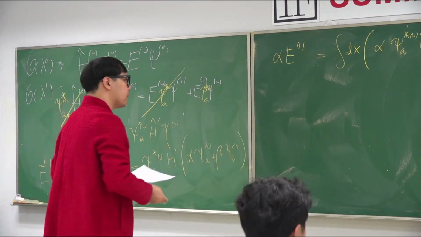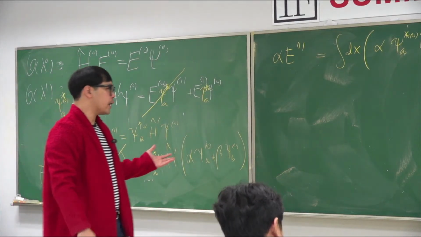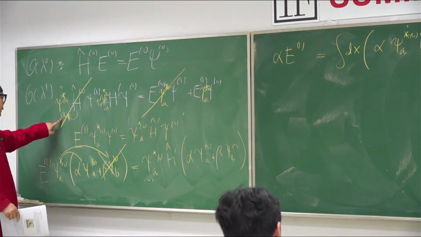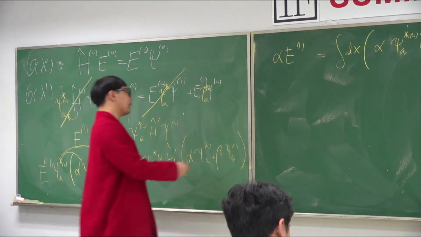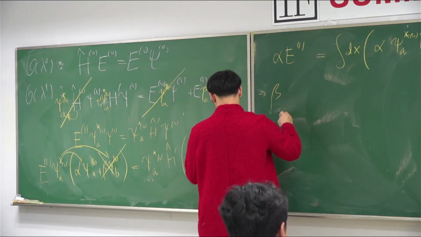So similarly, you may have the question, why do I have to multiply by this phi A? Can I do it with phi B? Of course we can do it with phi B. If we do it with phi B, what we're going to get is this equation.